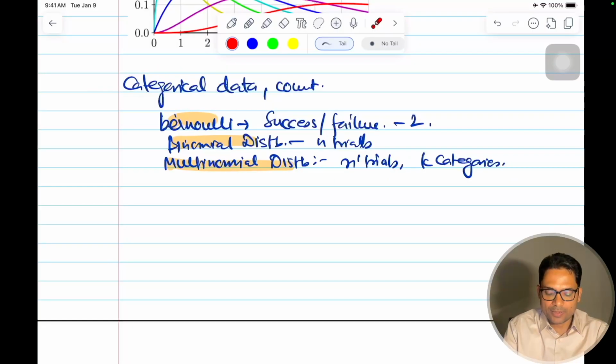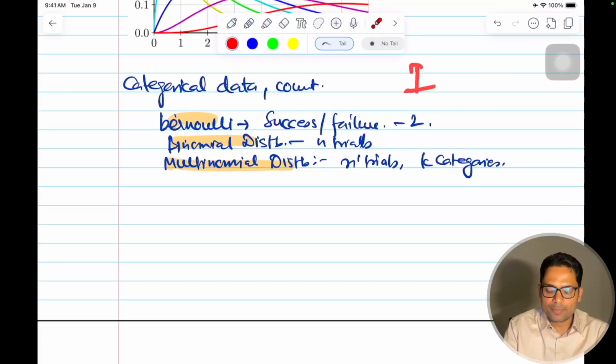For example, if I'm comparing the weights of three species of dog, species 1, 2, 3, there will be multiple weight values.